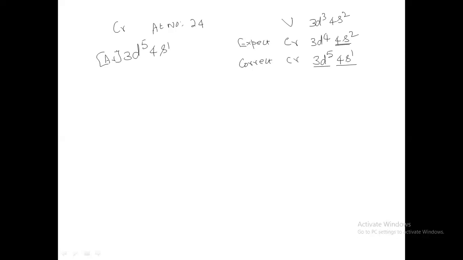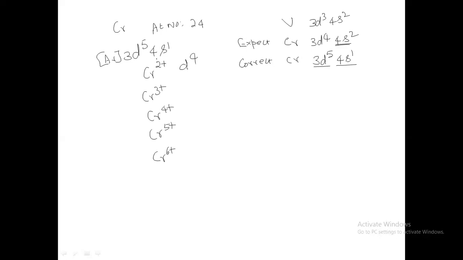Chromium shows multiple oxidation states: chromium 2+, 3+, 4+, 5+, and 6+. For chromium 2+, one s electron is removed, so we get a d4 configuration.